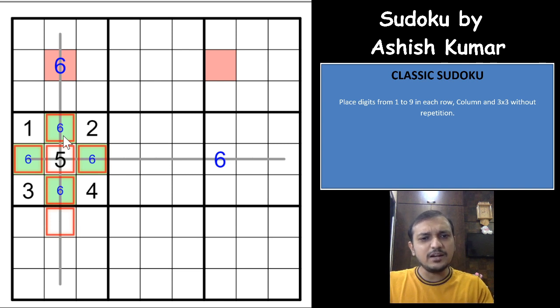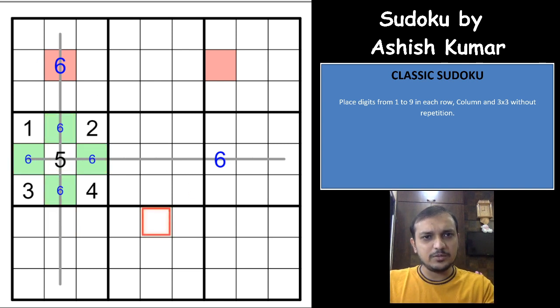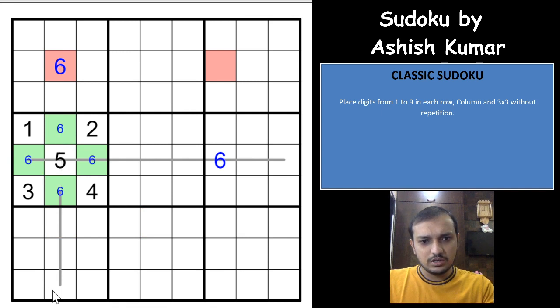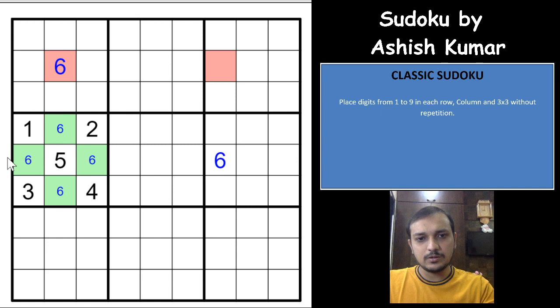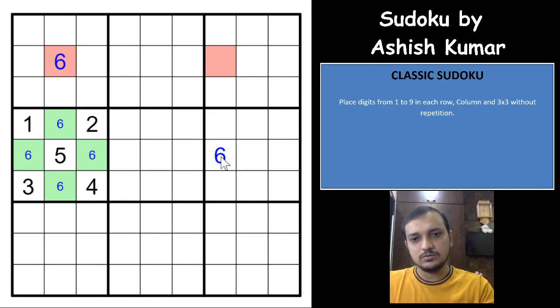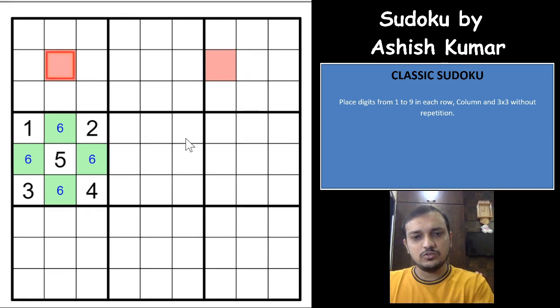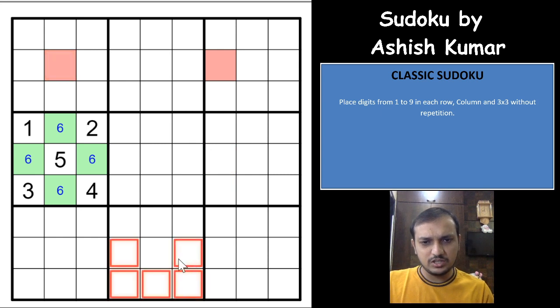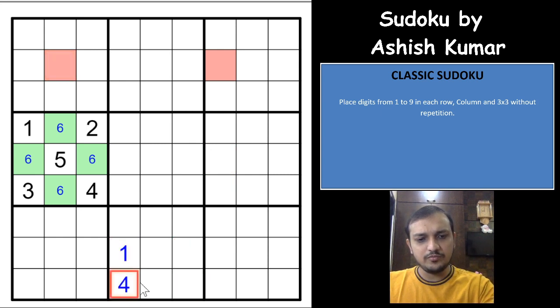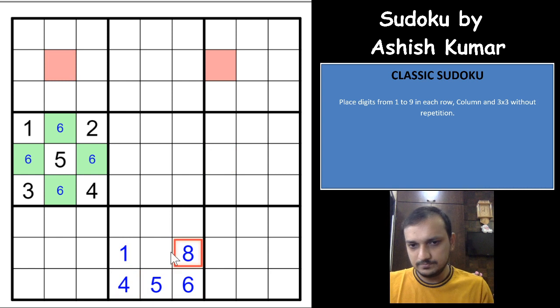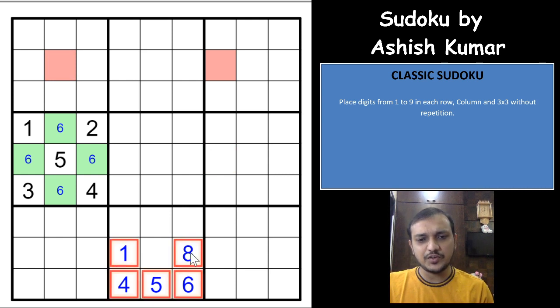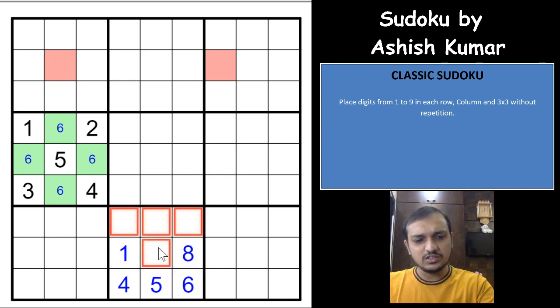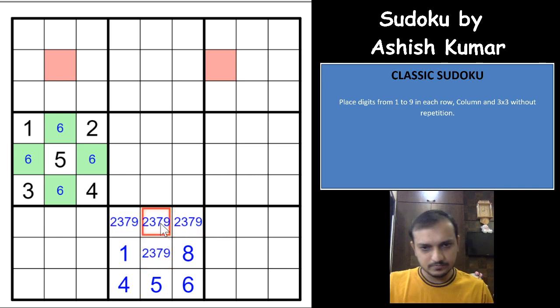So this can be done in many other ways. Let me show you what other way we can have that. Let us assume you have these 5 cells given as 1, 4, 5, 6 and 8, and these cells are 2, 3, 7 and 9, right?